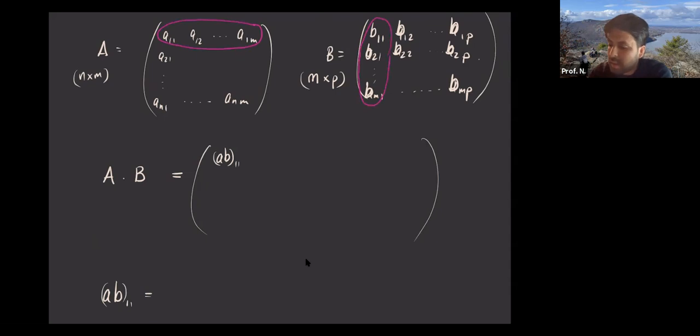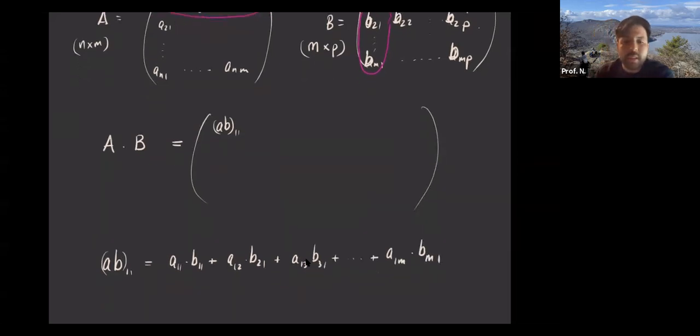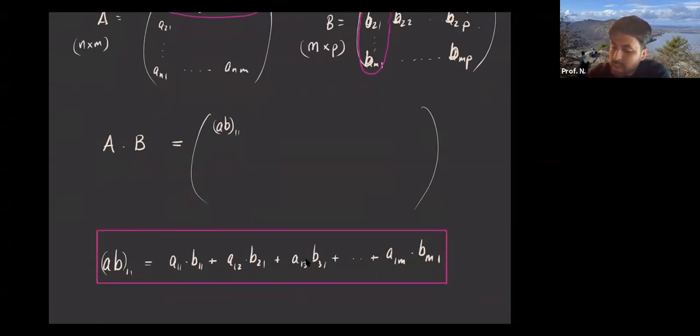It looks like A11 times B11 plus A12 times B21 plus A13 times B31, and you get the point. It goes all the way to A1m multiplied by Bm1. So this entire thing, when you perform the operation, goes in here.